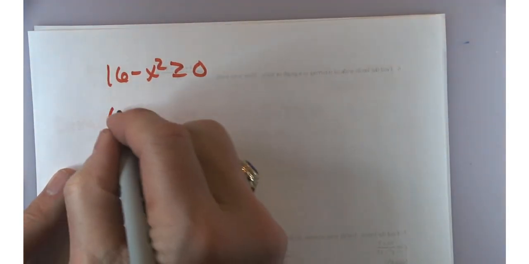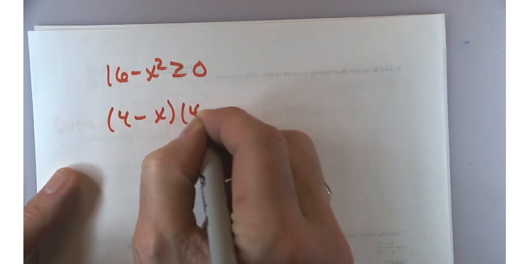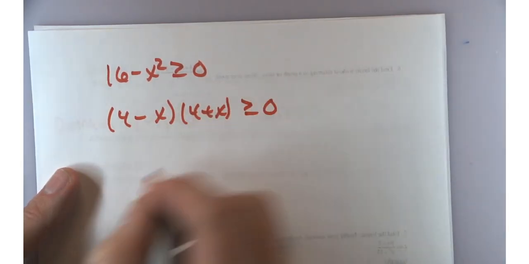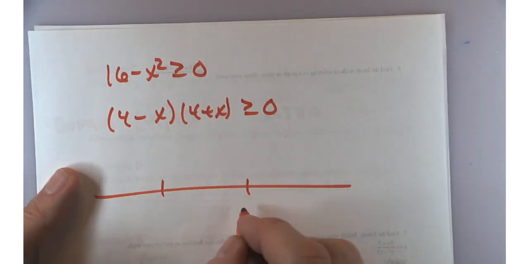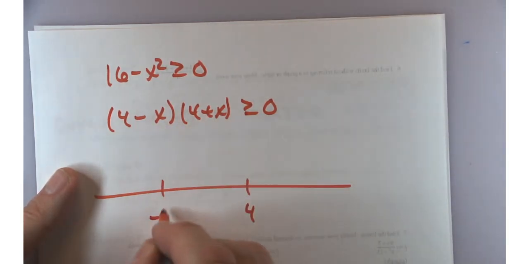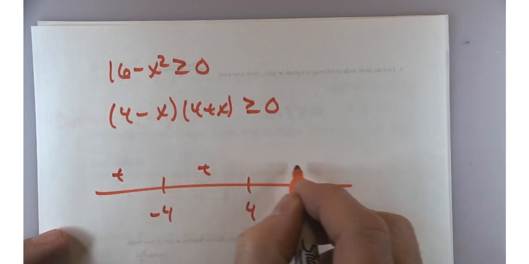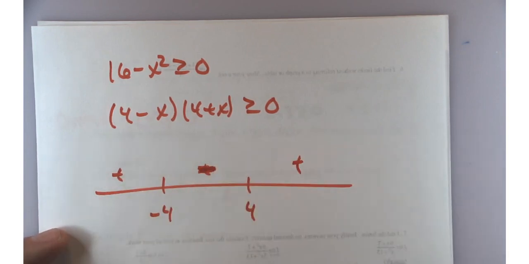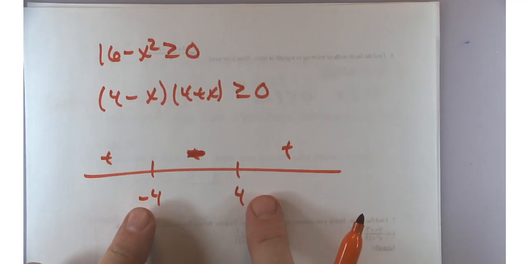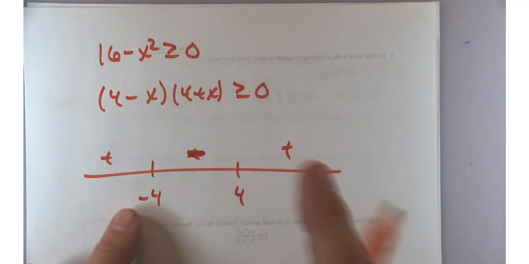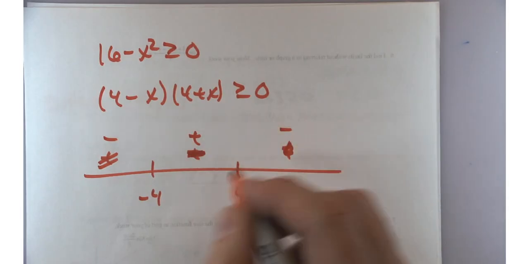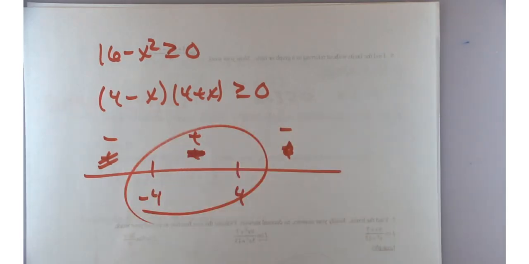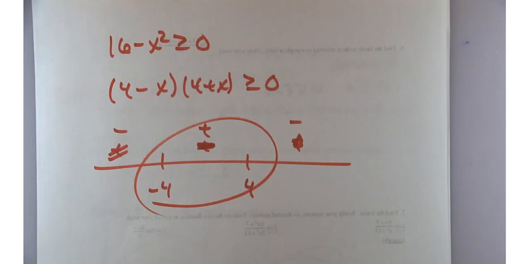And then you do 4 minus x and 4 plus x greater than or equal to 0. And you realize that that could equal 0 at x equal 4 and negative 4, and then you run through and test points like that. Actually the other way around, I think it would test out negative, positive, negative. And then the middle interval is what you would want.